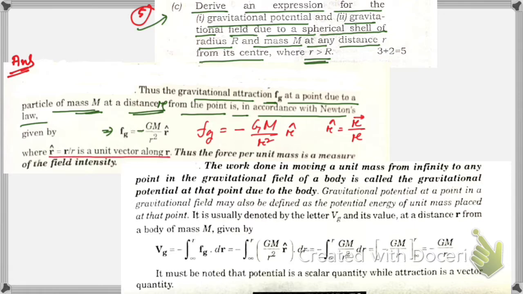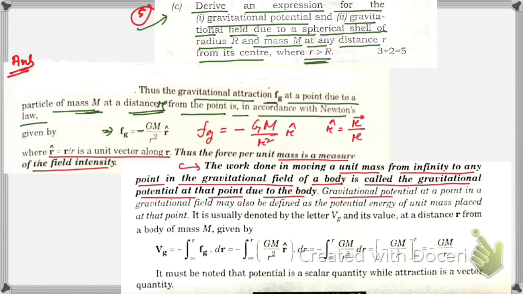So the force per unit mass is the measure of the field intensity. Now the work done in moving a unit mass from infinity to any point in the gravitational field of a body is called the gravitational potential at that point due to the body.